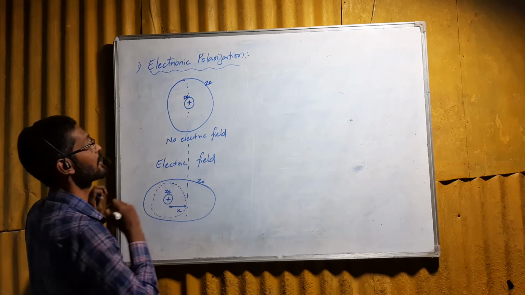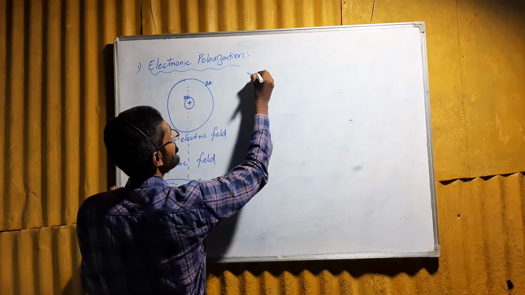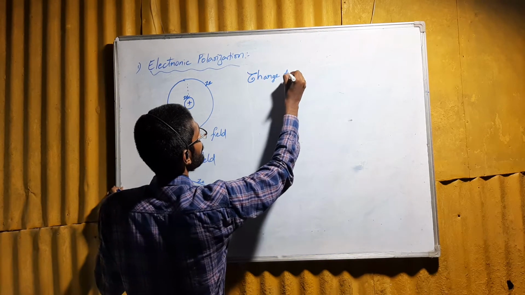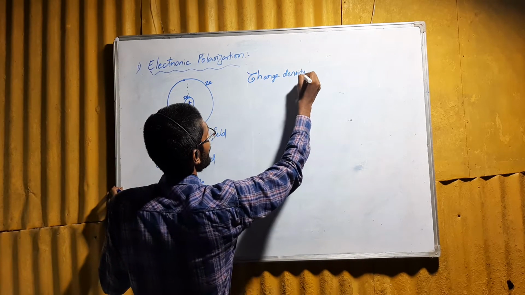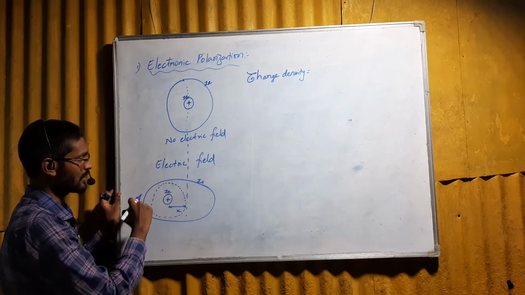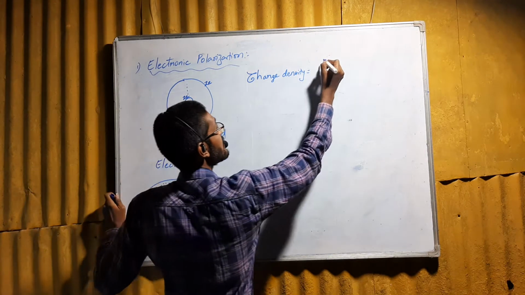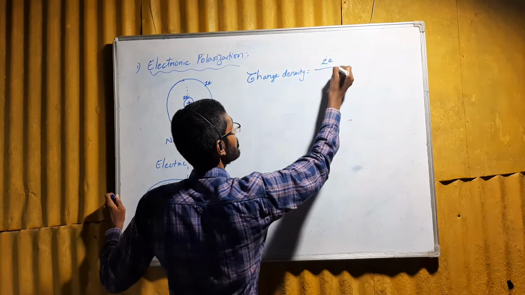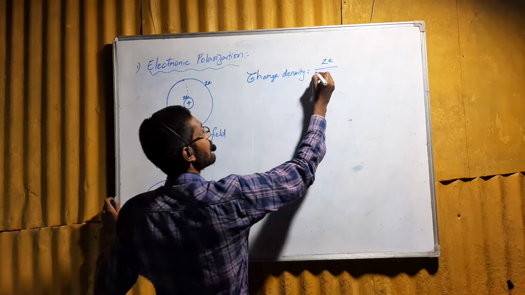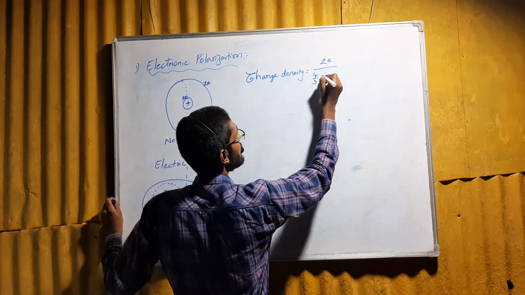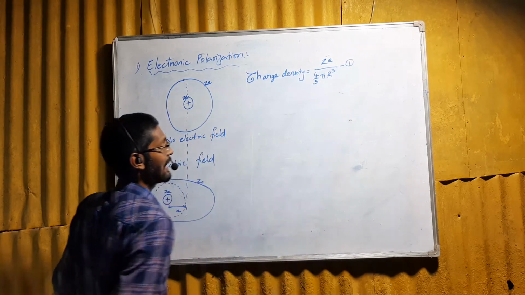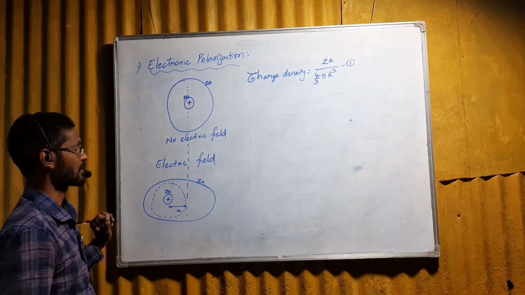For this purpose, we determine the charge density. Once we find the charge density of the electron cloud, we get the charge enclosed in the sphere of radius x. The total charge in the electron cloud is Ze, and the total volume of the sphere is 4/3 pi r cube. So this is the charge density of the atom or molecule.